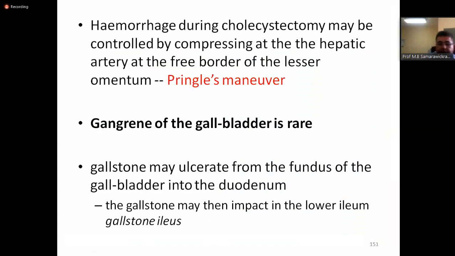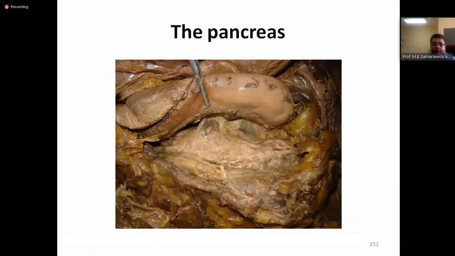in laparoscopic surgeries. Right, so this I have mentioned, and this is the pancreas behind the stomach. So you can see, any inflammation of the pancreas affects the structures in the stomach bed, right? So fluid collection in pancreatitis can enlarge within the lesser sac, and that is known as pseudocyst of the pancreas.